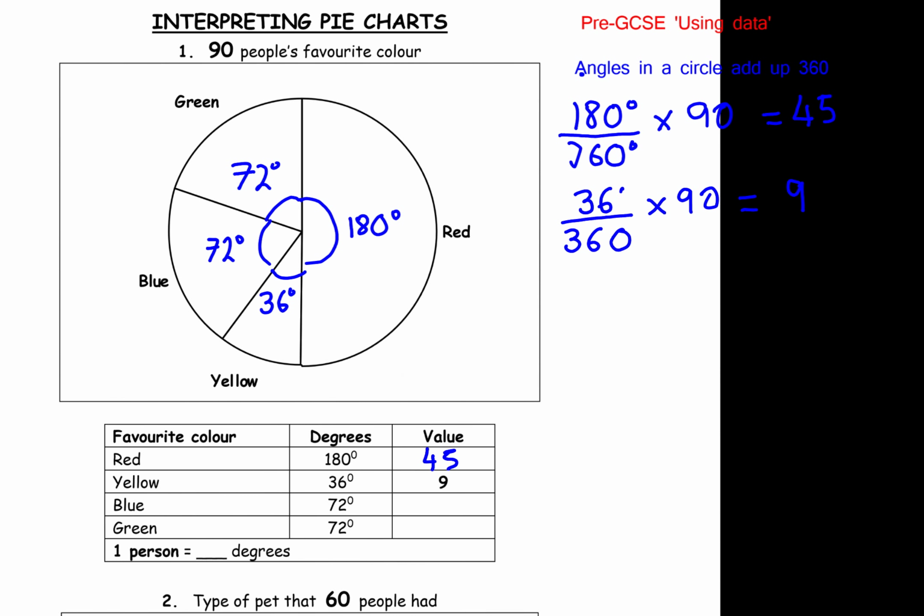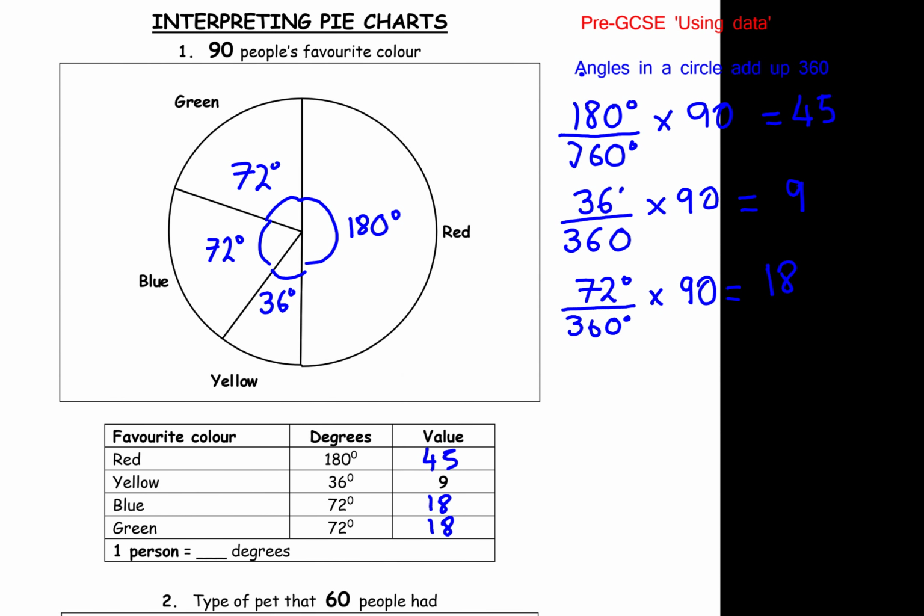The next one is blue is 72 degrees out of 360 degrees times 90, because we've got 90 people. Let's tap that into our calculator. We've got 72 divided by 360 times 90, and that gives us 18. So that's 18 people out of my 90. The next one, green, is 72, so obviously it's going to be the same.